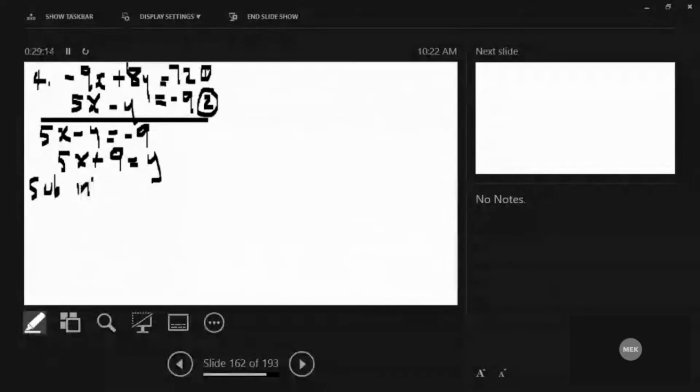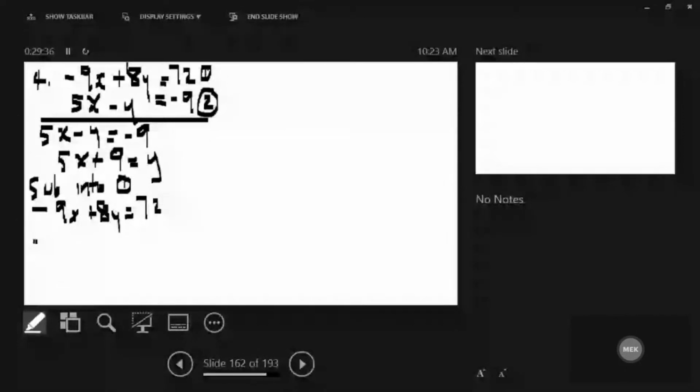into equation 1. Equation 1 says negative 9x plus 8y is equal to 72. So wherever we see y, we're going to put 5x plus 9.